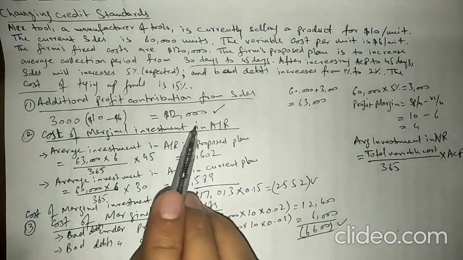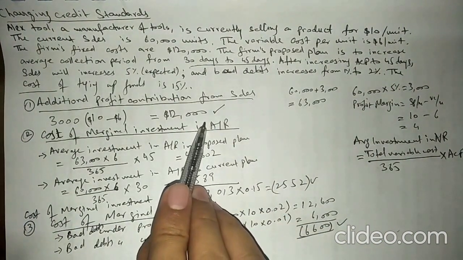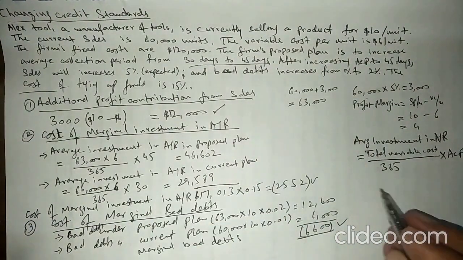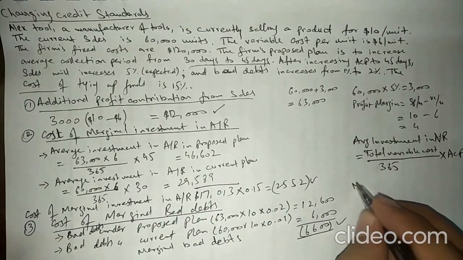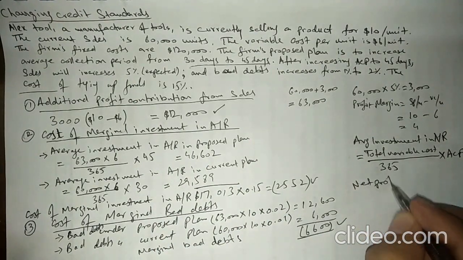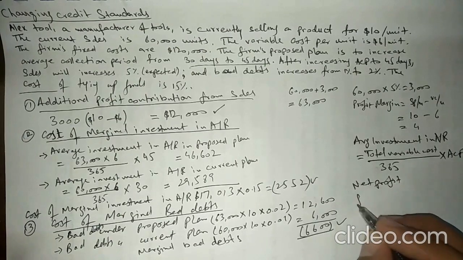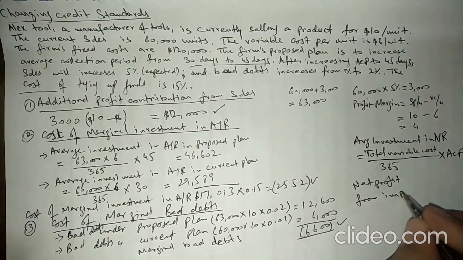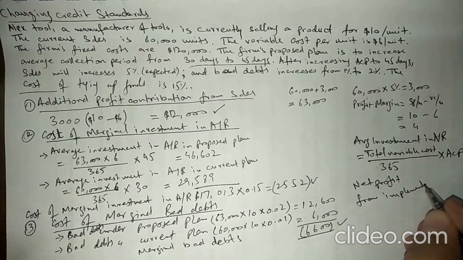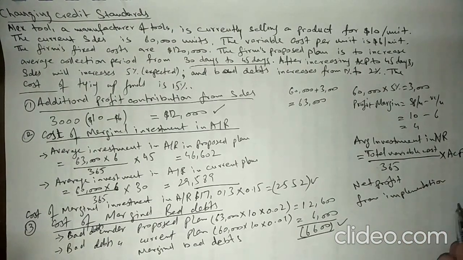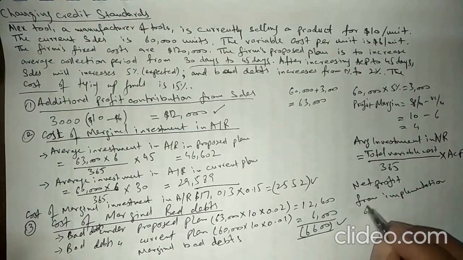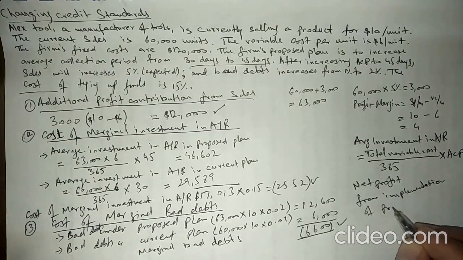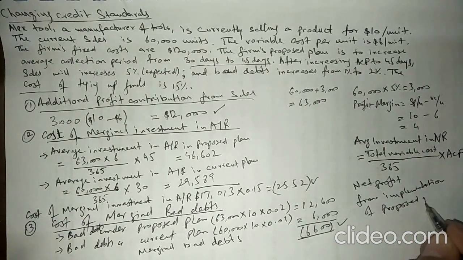So if we subtract cost from the benefits, we can calculate overall net profit from implementation of proposed plan.